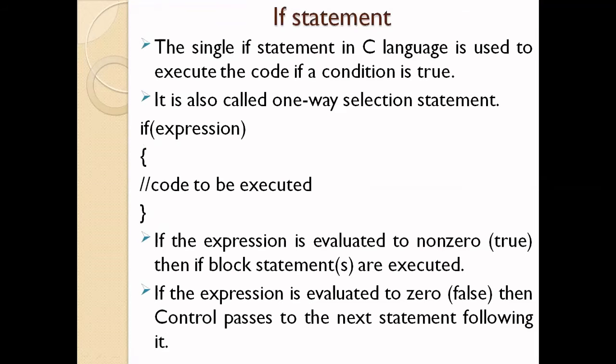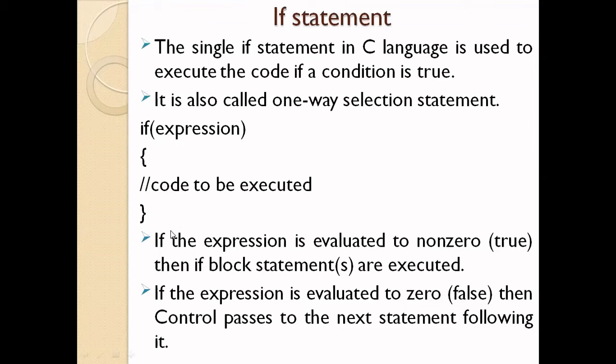First, we can see what is meant by the if statement. The if statement is called a one-way selection statement. First you write the condition, if expression. In the expression, you can write A greater than B. If A is greater than B, the condition is true, and true means it will execute the code.